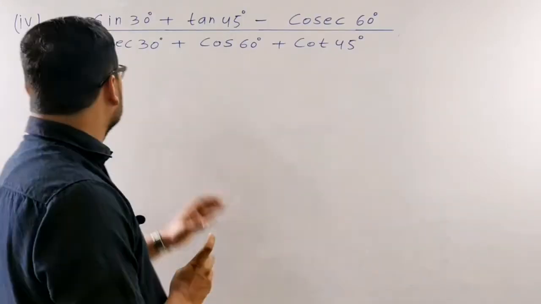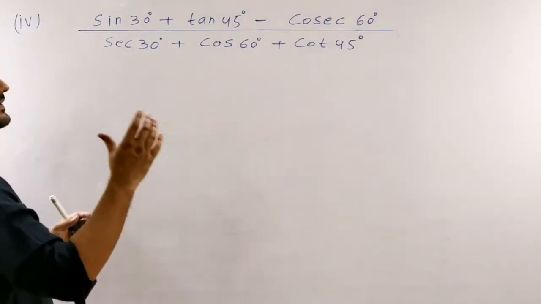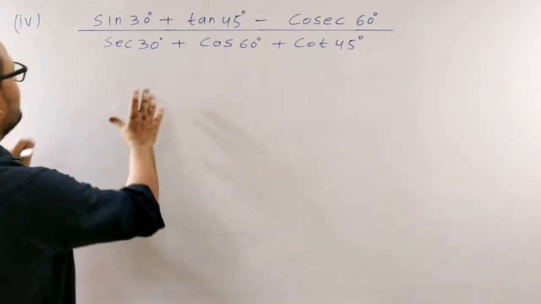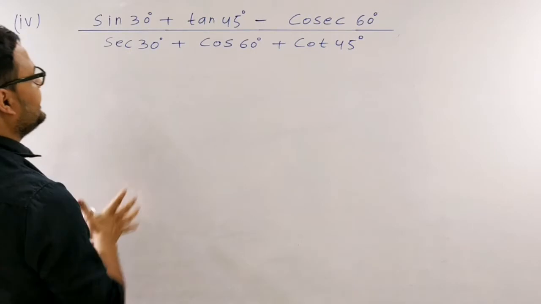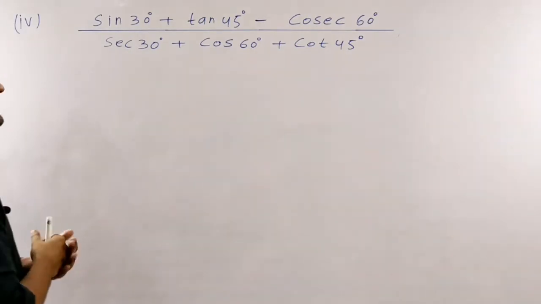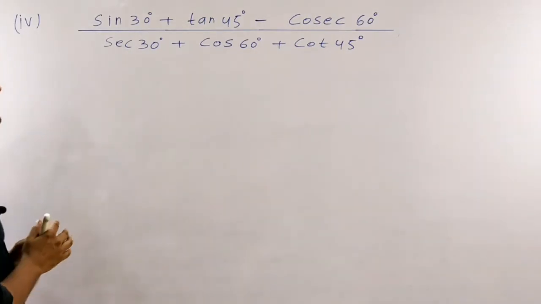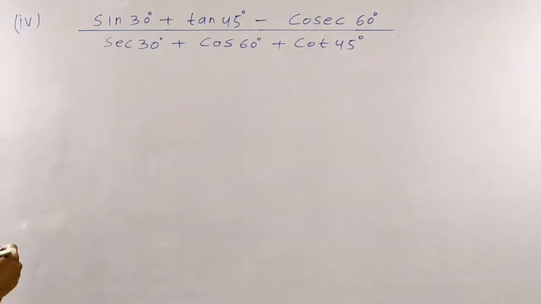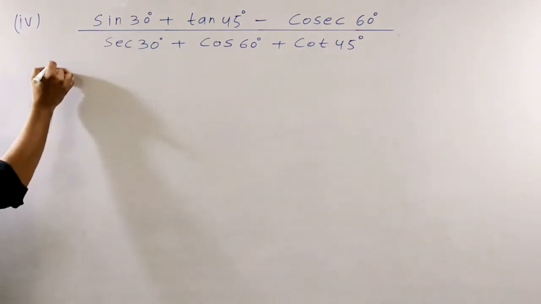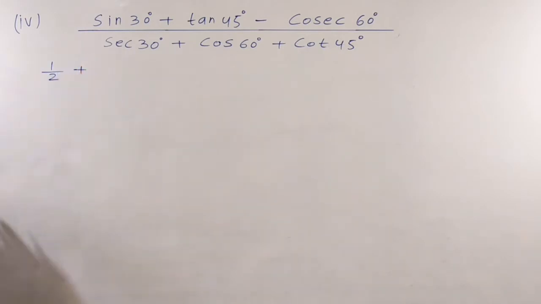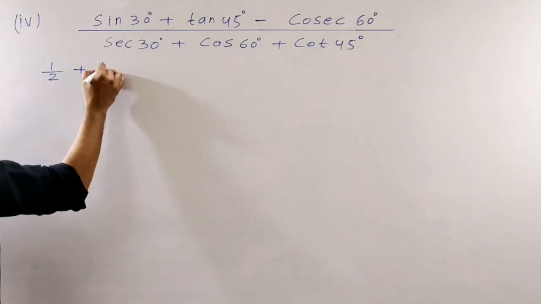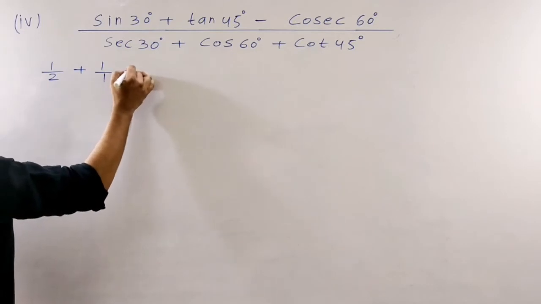Now first main 4 questions. This is also going to be a little bit long. Sin 30 plus tan 45 minus cosec 60 divided by sec 30 plus cos 60 plus cot 45. So put the values one by one. Sin 30 is 1 by 2. Plus tan 45 is 1, so 1 I can write 1 by 1.